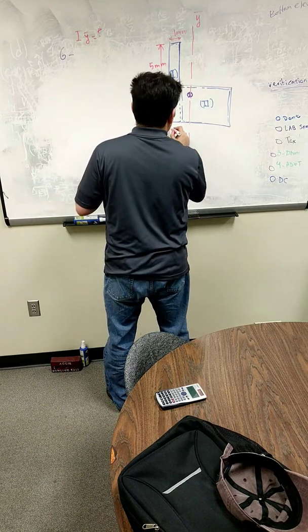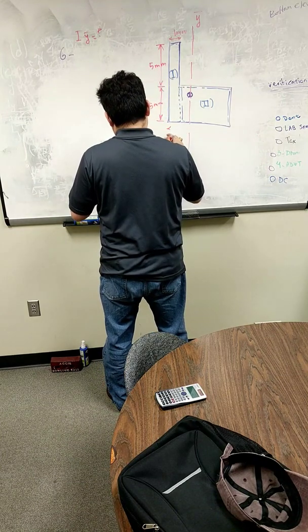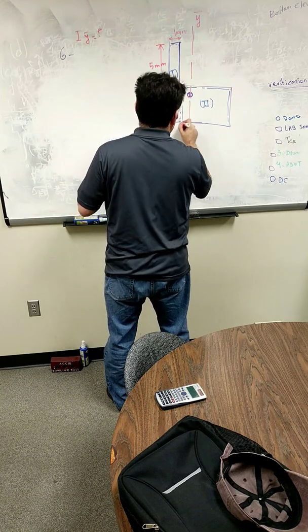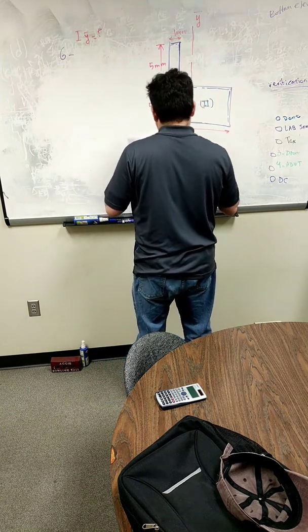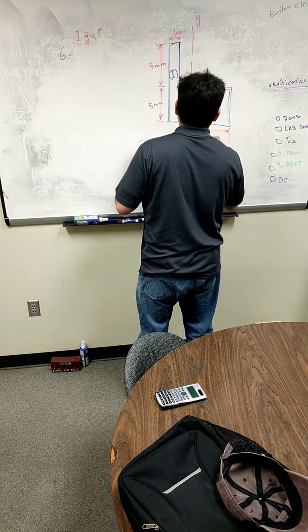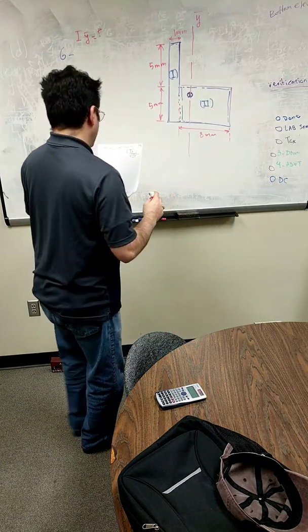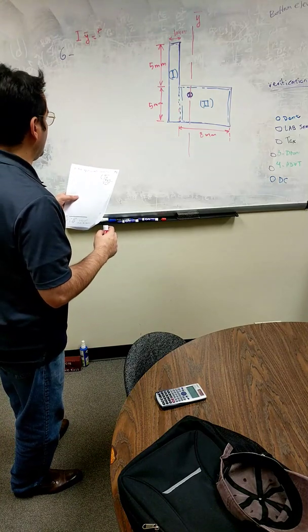And from here to here, not the entire thing, is 8. Okay? So 8, 5, 5, and 1.